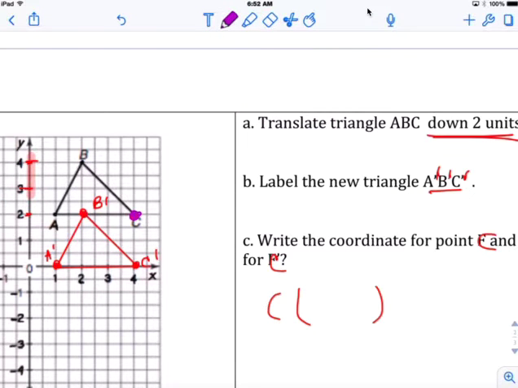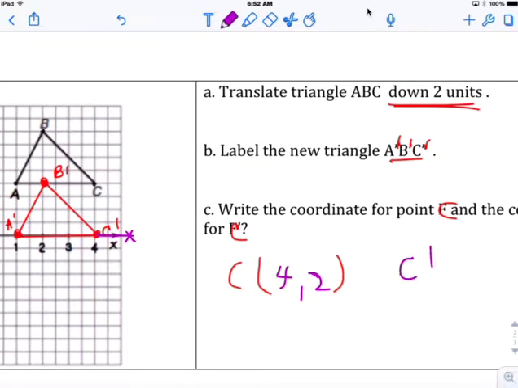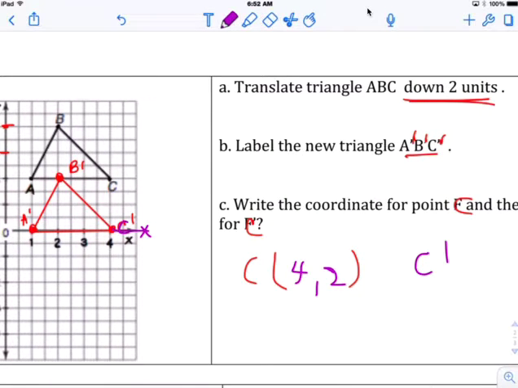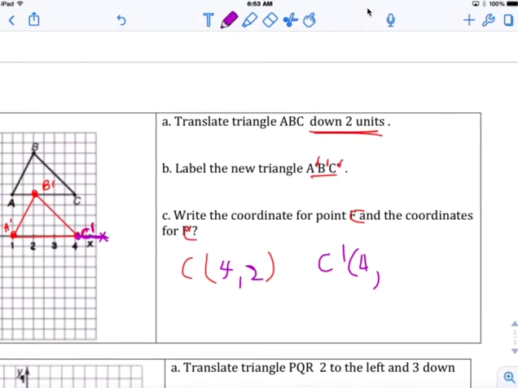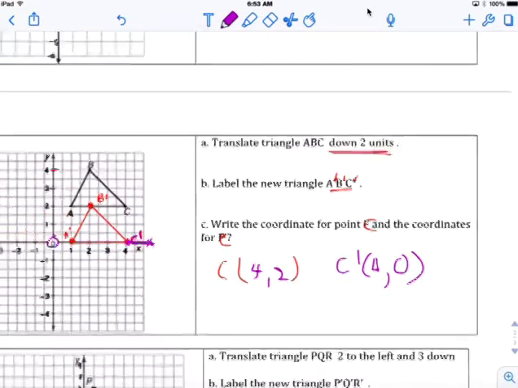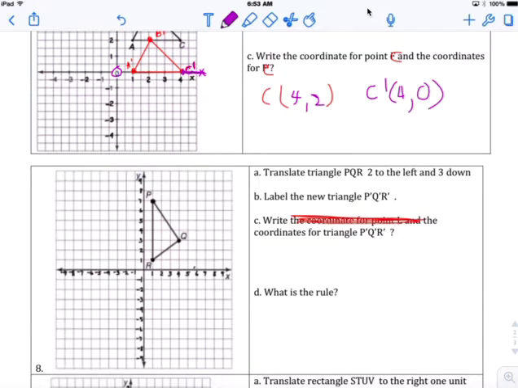This one here, C, go along the X, that's at 4. Go up 2, and that number is 2. So it's 4, 2. And then C prime is right here. You go along the X, 4, and the Y number is 0, it didn't go up any. Okay, that's how you do those.